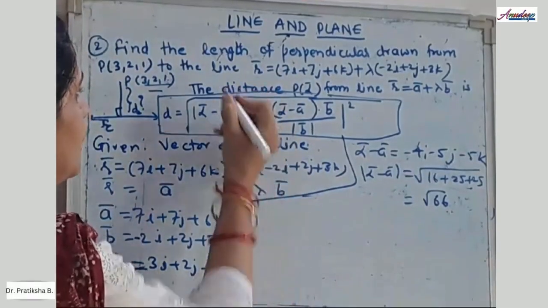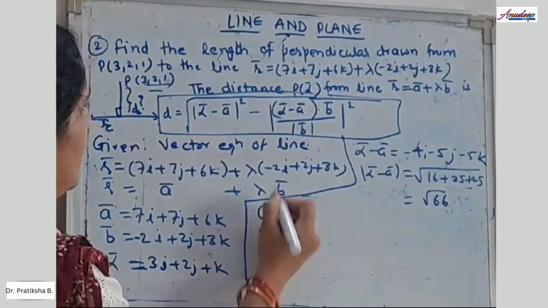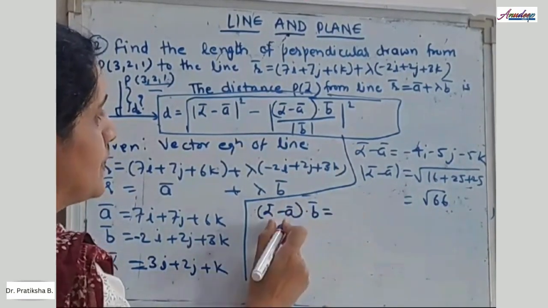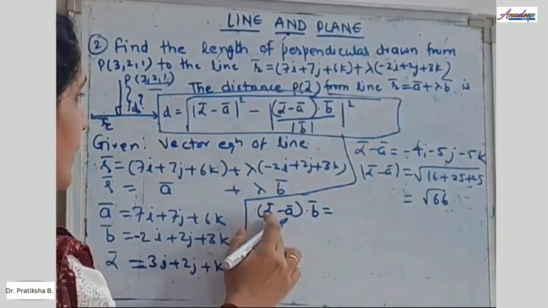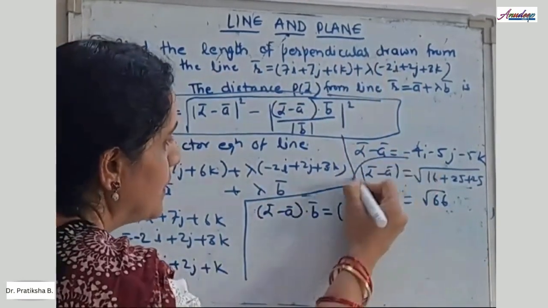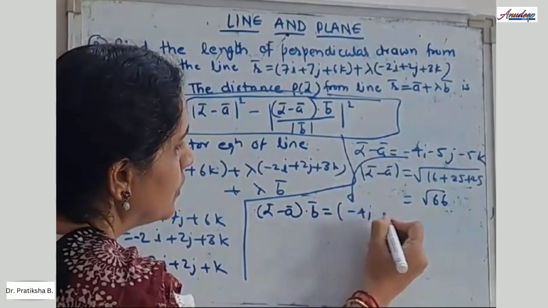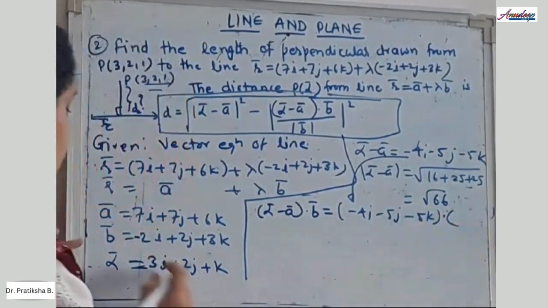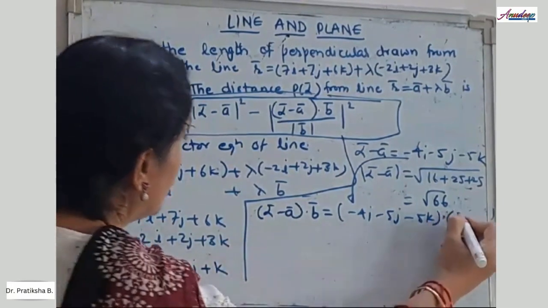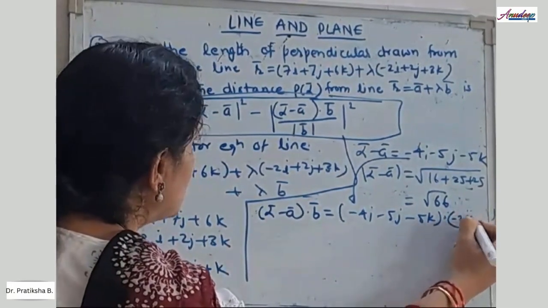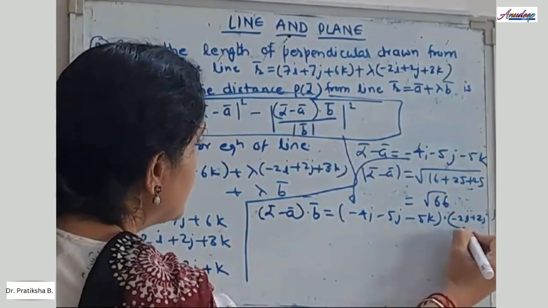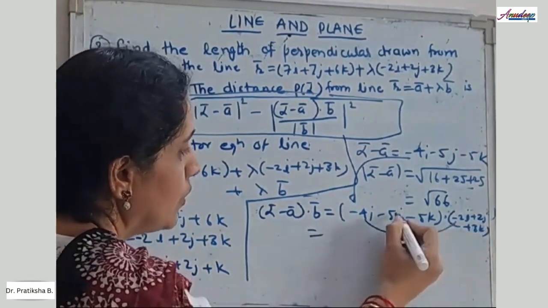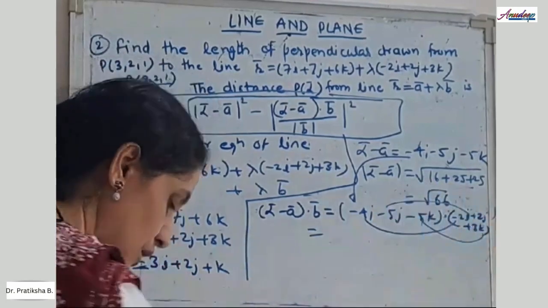Now let us evaluate alpha minus a vector dot b vector. Alpha minus a vector is the vector I have just evaluated, minus 4i minus 5j minus 5k, dot the b vector, minus 2i plus 2j plus 3k. So it will be a1 into a2, b1 into b2, c1 into c2.